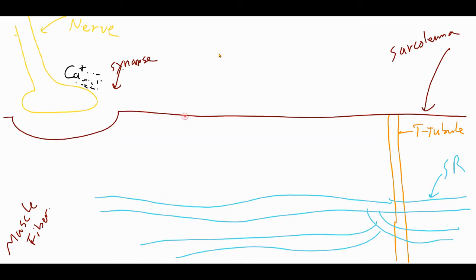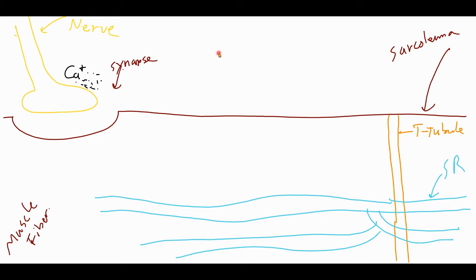This would be the sarcolemma, or the surface of the cell, the muscle fiber. And down in here is all inside the cell. Then right here, we've got the T-tubule, and then a really bad drawing of the sarcoplasmic reticulum. And all through here would be myofibrils and sarcomeres and all that kind of stuff going on.